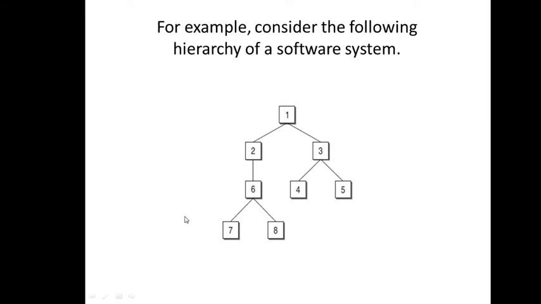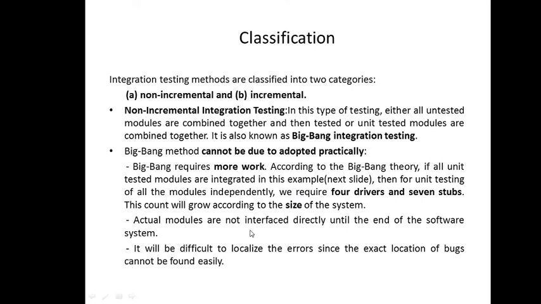We don't have to wait for all the 8 modules to be unit tested. Since these are ready and available for integration testing, we can start from the top-down approach. Or if these are available and we are proceeding with the unit testing like bottom-up approach, we can start with the integration from bottom-up. So this is what incremental is. So you don't have to actually wait for unit testing. But in case of non-incremental, you need to wait for them.